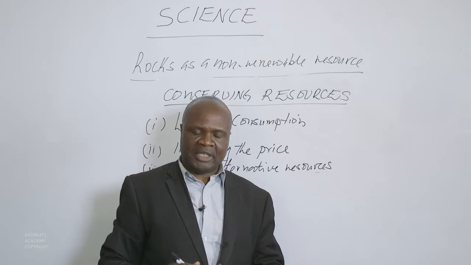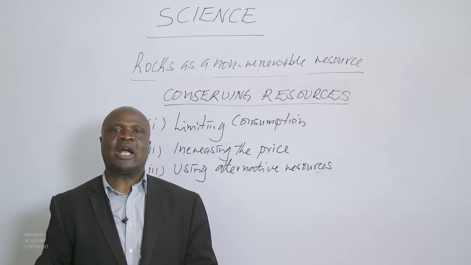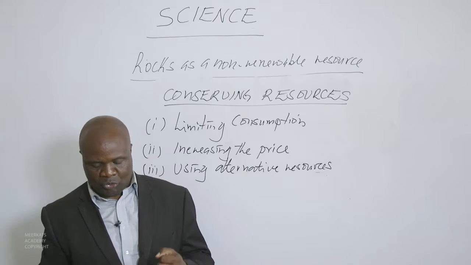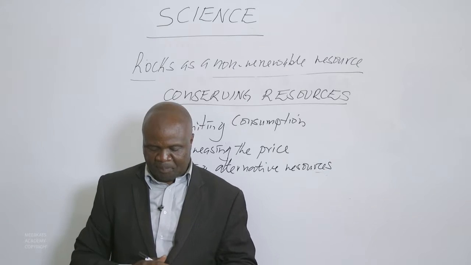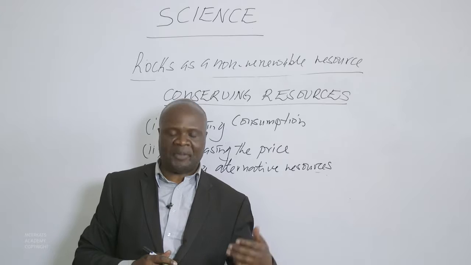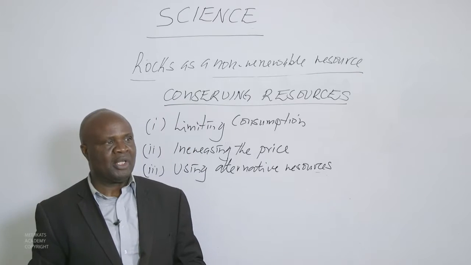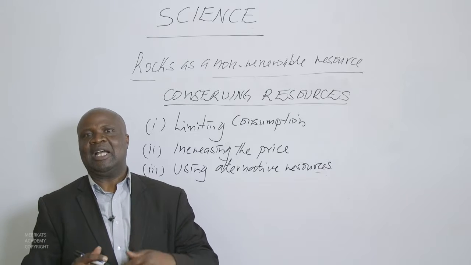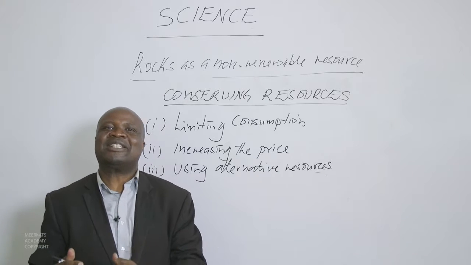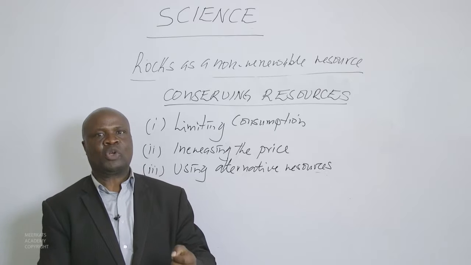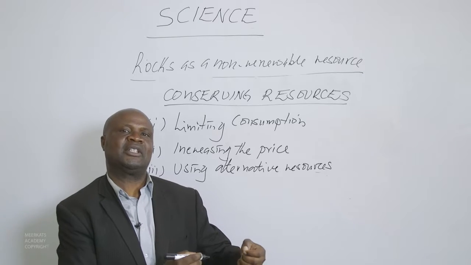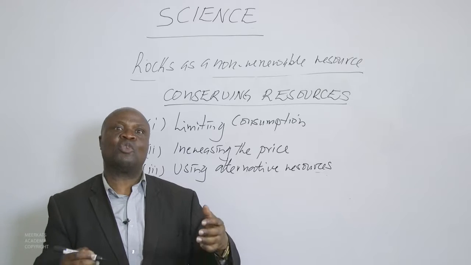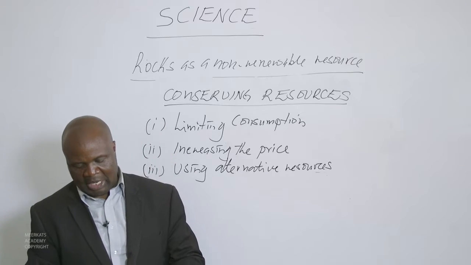When we talk of using alternative resources, we can have a strategy where you limit the use of a particular resource to develop alternatives to it. If you know that a particular resource is scarce, and there is an alternative which is present in plenty, then you can limit the use of the scarce resource and use the alternative. In a way, you will be conserving the scarce resource.